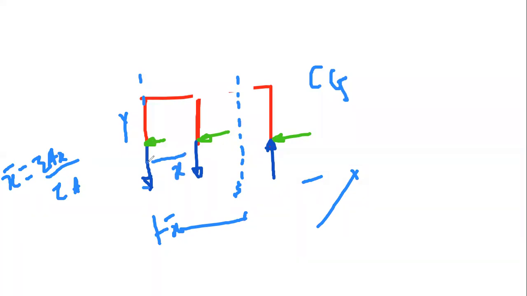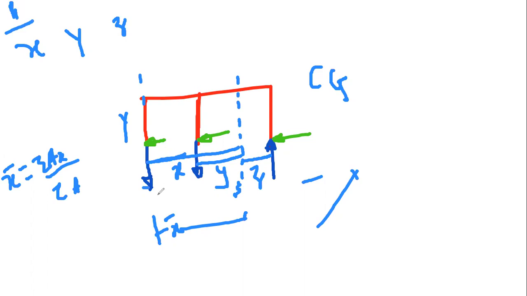Suppose the distance of the first axial force from the centroidal axis is x, the second axial force's distance is y, and the third axial force's distance is z. So what does the third assumption say? These axial forces in the columns are directly proportional to the distance from the centroidal axis. So axial forces 1, 2 and 3 are proportional to the distances from the centroidal axis.